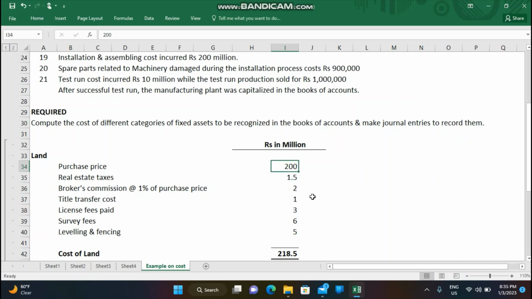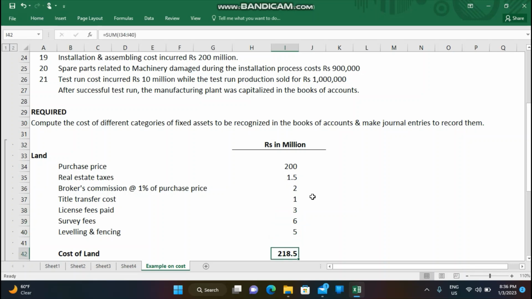First one is purchase price, which is 200 million. Then non-refundable real estate taxes, 1.5 million. Broker commission, which is 1% of the purchase price, 1% of 200 million, which is 2 million. Title transfer cost 1 million. Licenses fee paid 3 million. Survey fees 6 million. Leveling and fencing 5 million.